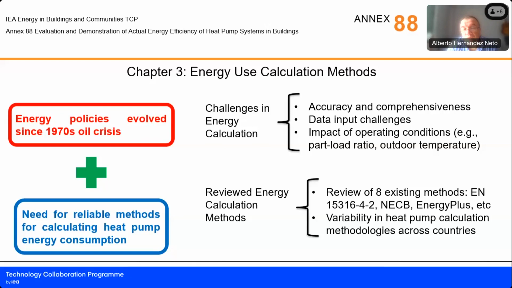Then there are challenges with the data input for these calculations. We have a lot of parameters, and how accurate and detailed they are will make the difference between a good quality and a bad quality energy calculation. Also, how the operating conditions impact the energy calculations for these kinds of systems, such as partial load ratio, outdoor temperature, and so forth.